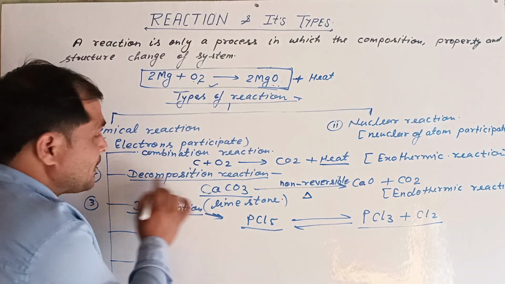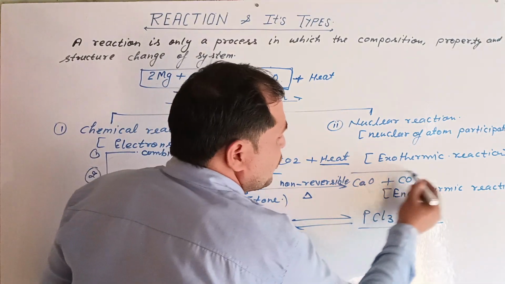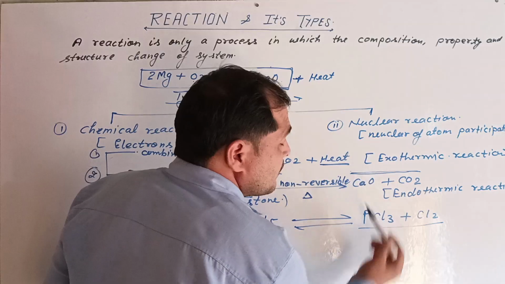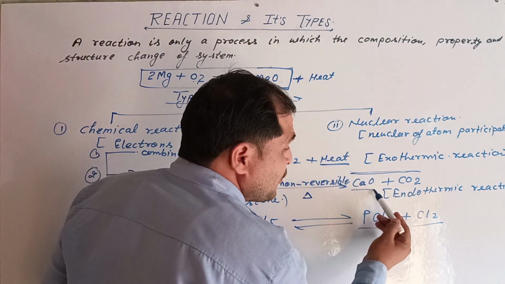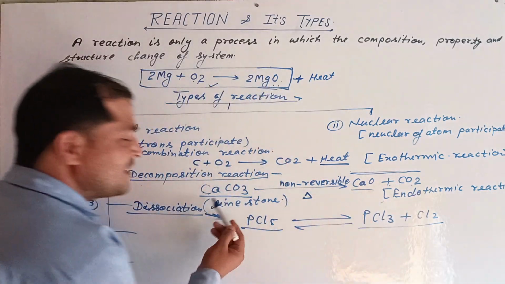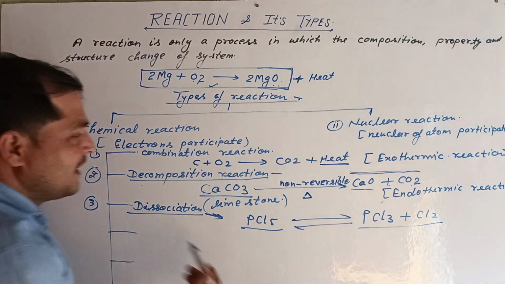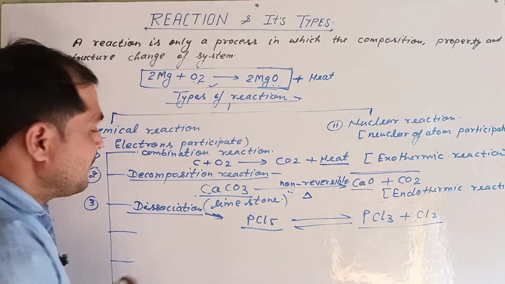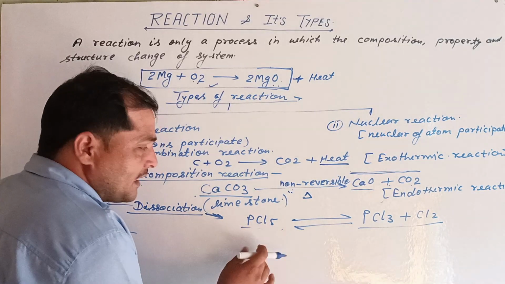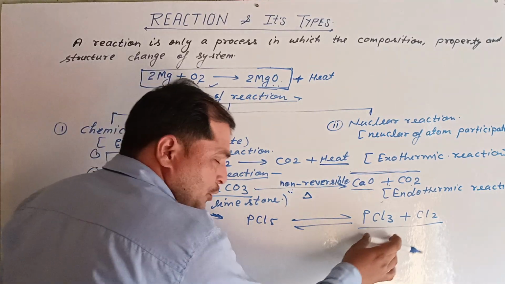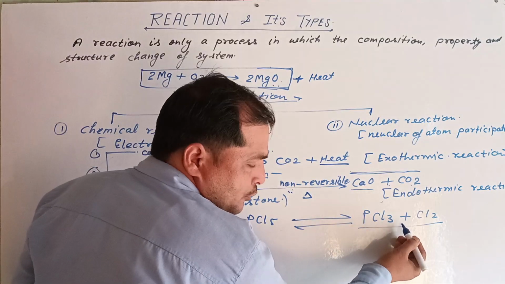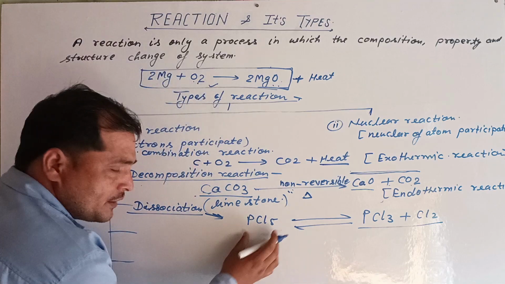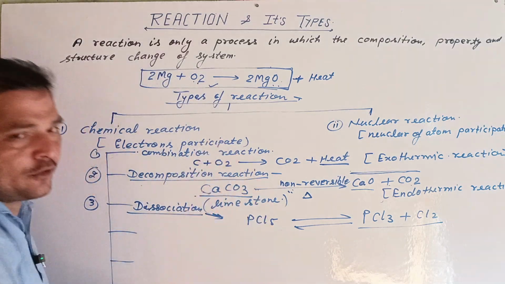But in a decomposition reaction, that is impossible. It is impossible that CaO plus CO2 will form CaCO3. But in the dissociation reaction, there is the possibility that phosphorus trichloride will combine with chlorine and produce phosphorus pentachloride.